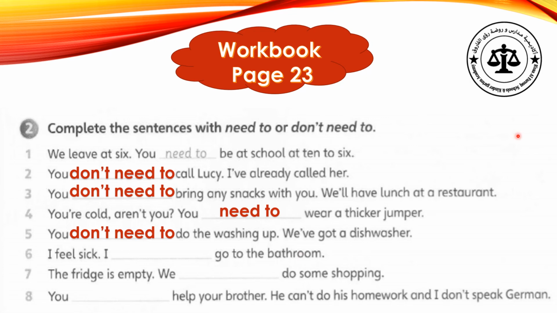Excellent. Need to. Number 7. The fridge is empty. We, excellent, need to do some shopping. Number 8. You help your brother. He can't do his homework and I don't speak German. So the answer is, excellent, you need to help your brother.